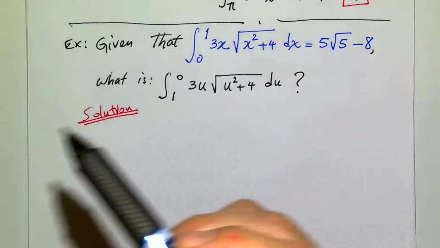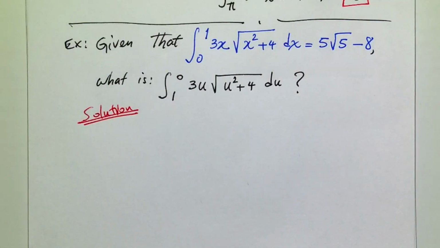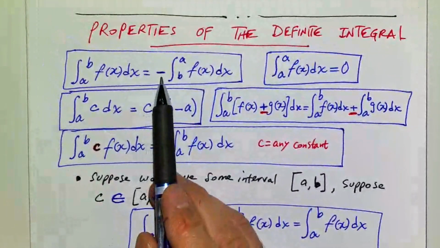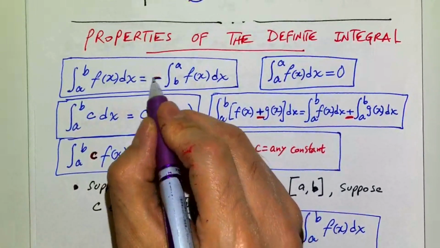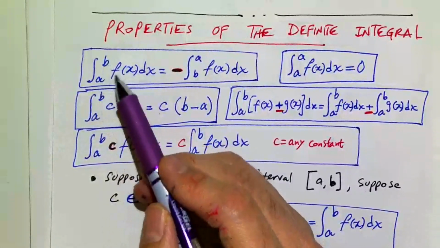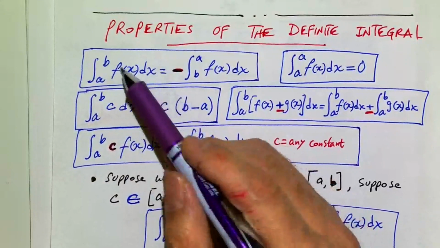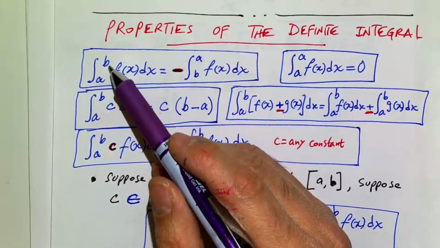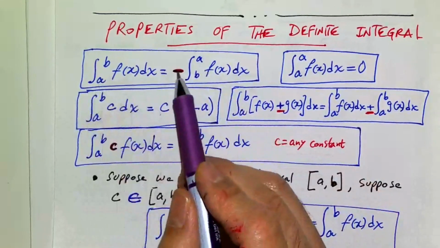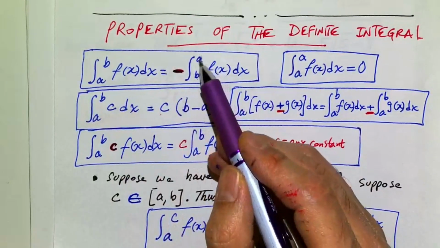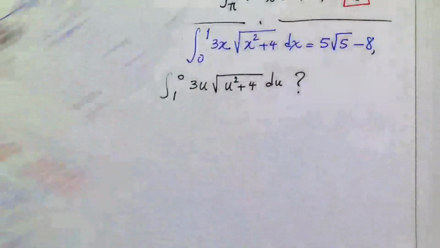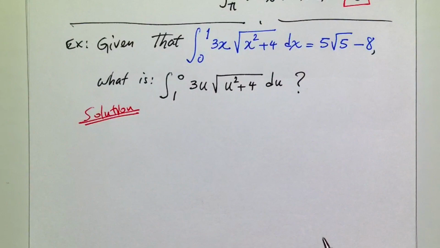Going back to the properties again, remember this first one: if you have the definite integral going from a to b of some function, you can change the order of the limits of the integration. You can swap them by putting a minus in front. So minus b to a of f of x dx. Compare these two.